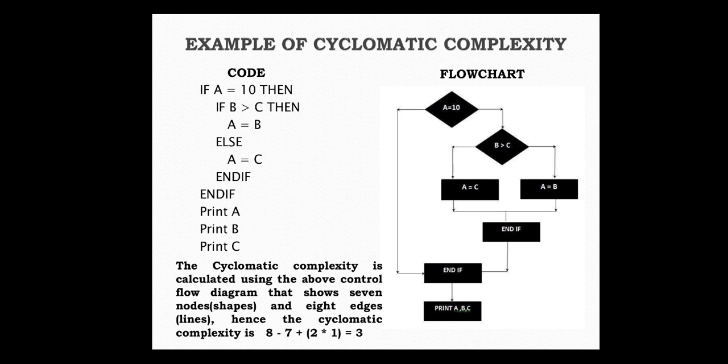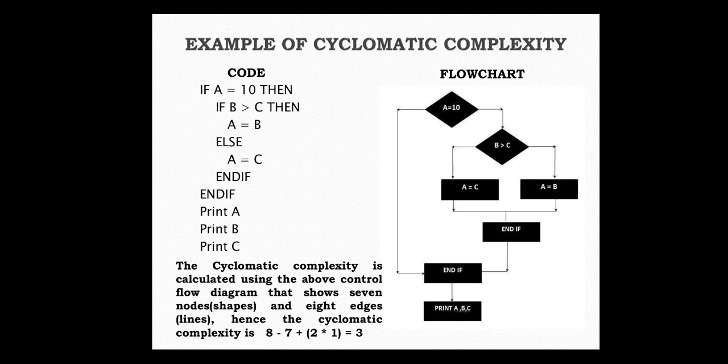How many nodes are present in this flow chart? There are a total of 7 nodes present in this particular flow chart: a is equal to 10, b is greater than c, a is equal to c, a is equal to b, end if, and print a, b, c.